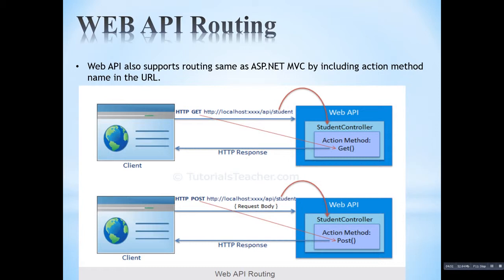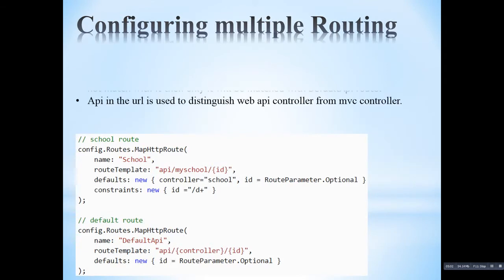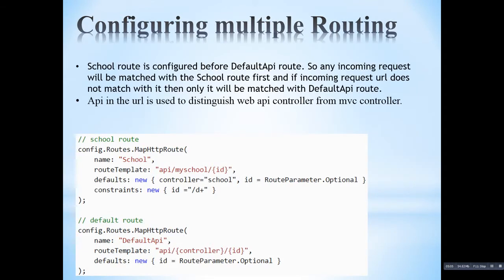Web API also supports the ASP.NET MVC action controller type. Now, configuring multiple routing: how to configure different routing for the same web application. You can see here, this is the school route, and this is the default Web API route. Whenever the client sends a request from the browser, it starts searching from the start of the Register method.